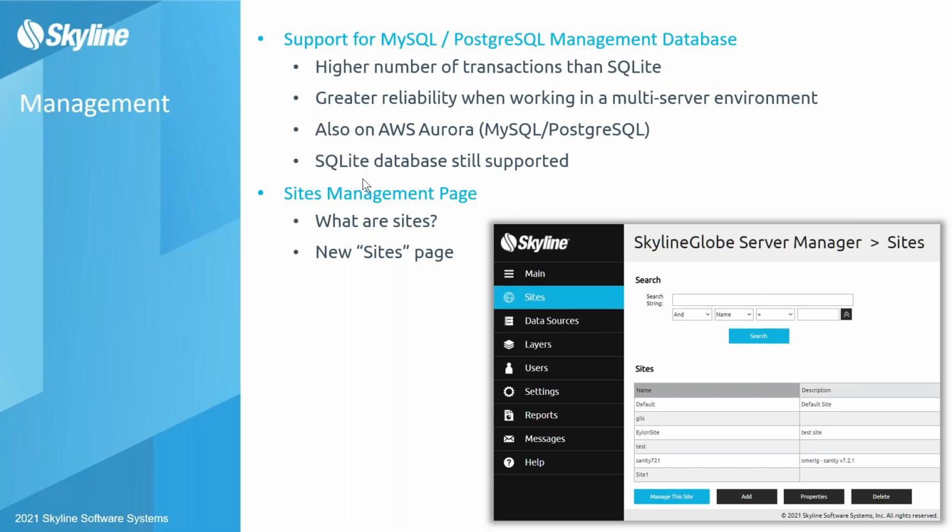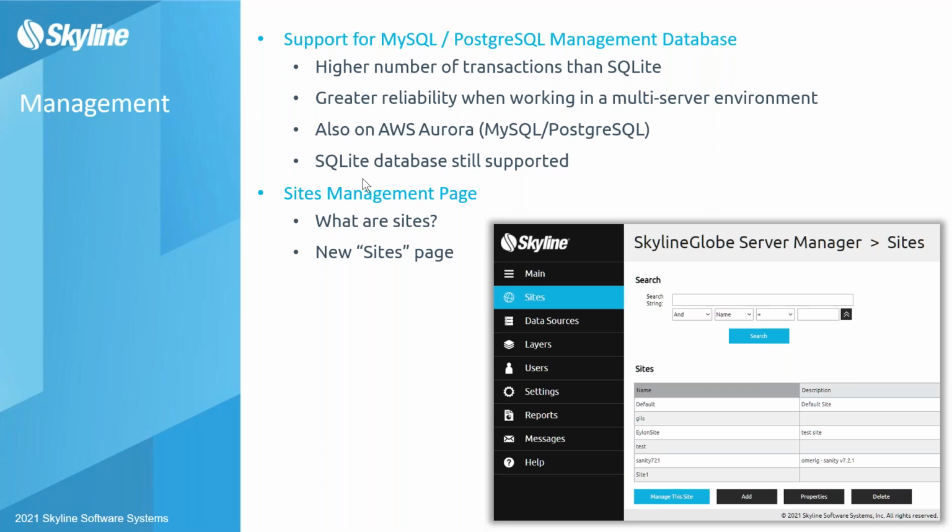The next thing we have added is the sites management page. Now, we already had sites in previous versions of Skyline Globe server. Sites are compound subsites of Skyline Globe server. So you can have your Skyline Globe server and then subset it into different groups, different areas, which are actually isolated instances of the Skyline Globe.